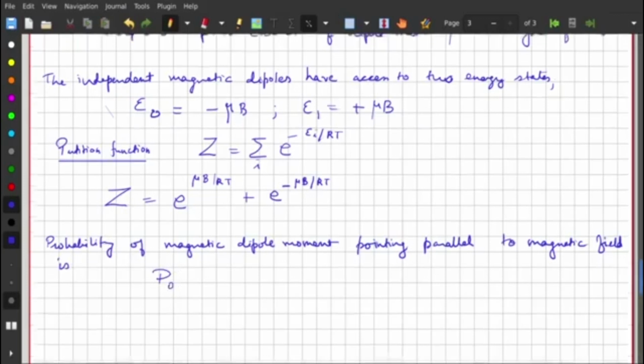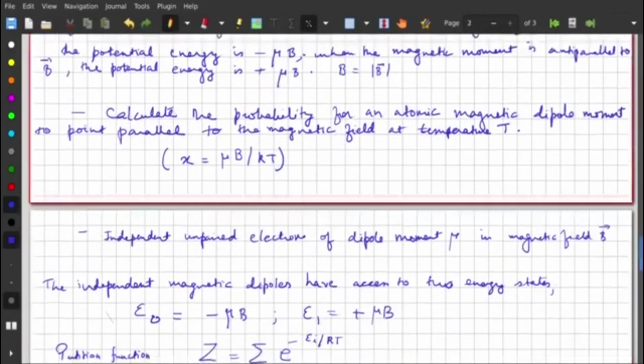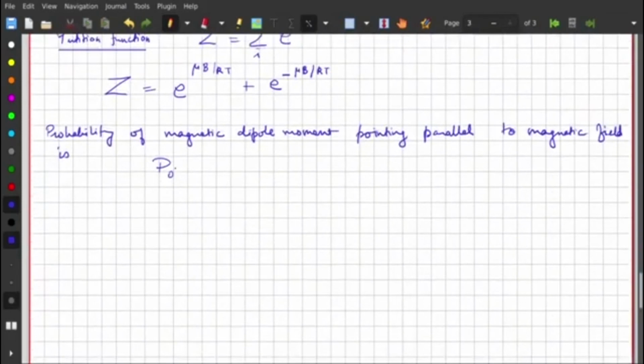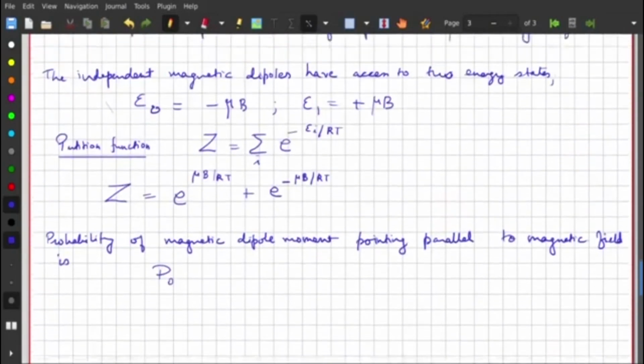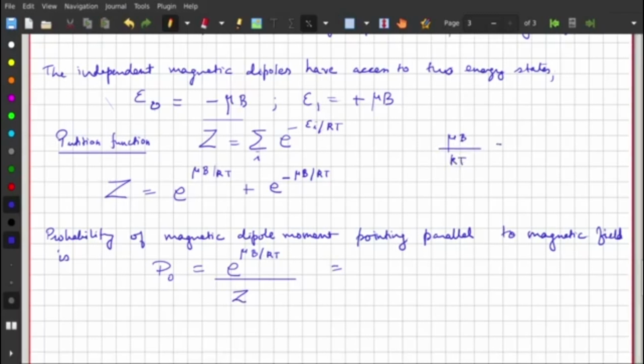It's parallel because when it is parallel it has the energy state of minus mu B. When it is anti-parallel, it's plus. So that corresponds to the 0th energy state. So this becomes e to the power mu B by kT divided by the partition function, and therefore let's use the grouping mu B by kT, call that x.